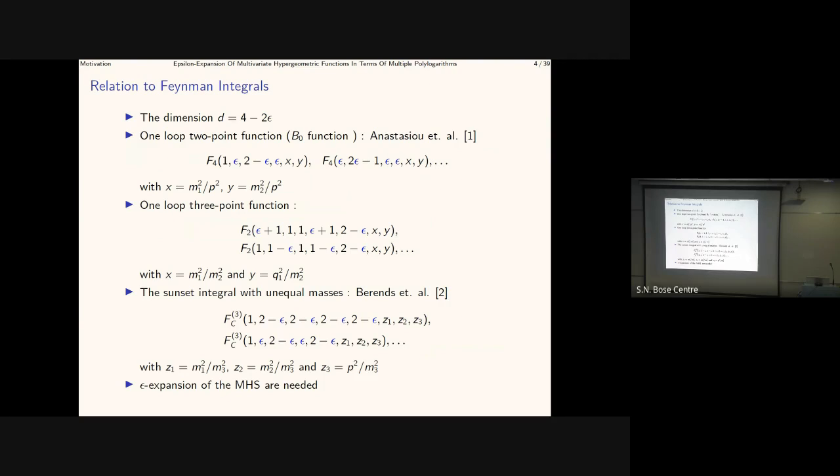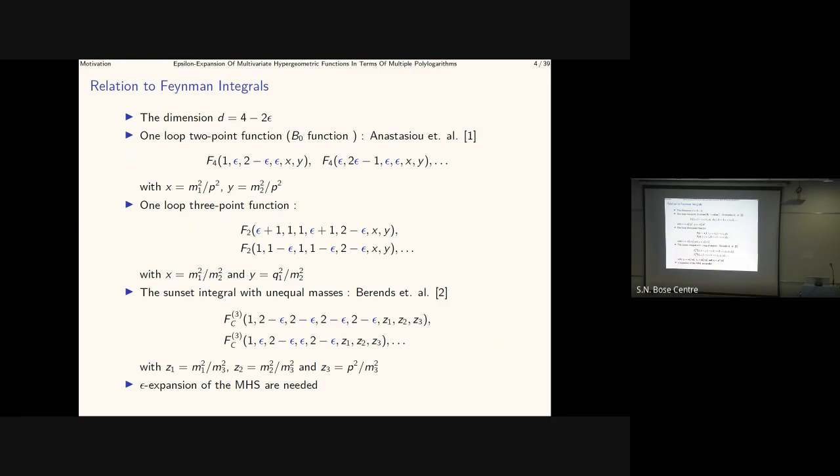So what I mean is that the integral is a sum of some terms, and each of these terms will have this Appell F4 in it. There will be some coefficients as well. So coefficient 1 times this Appell F4, plus coefficient 2 times this Appell F4, and so on.